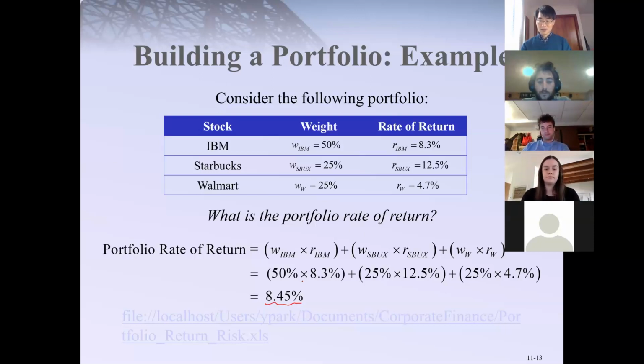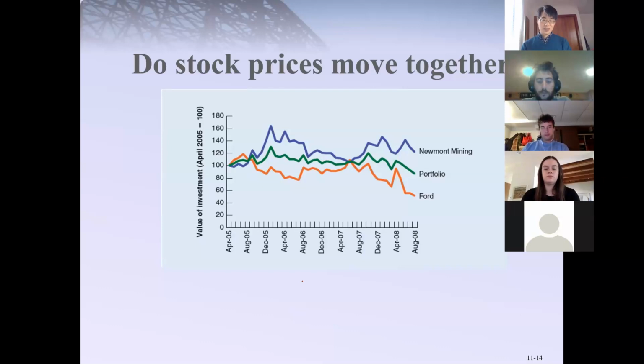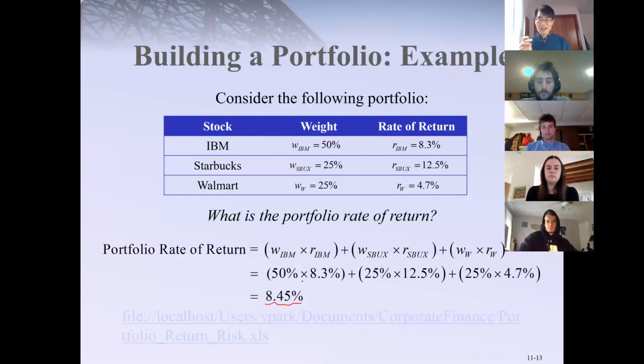How about the risk? The risk depends on the risk of each asset, weight of each asset, but also depends on correlation coefficient between each of these assets. Okay, so let's go back to the Excel file.